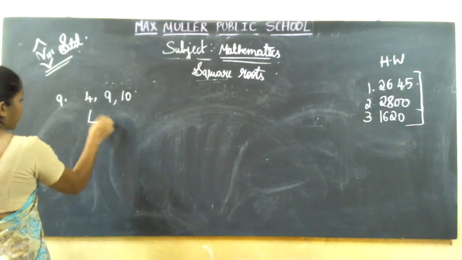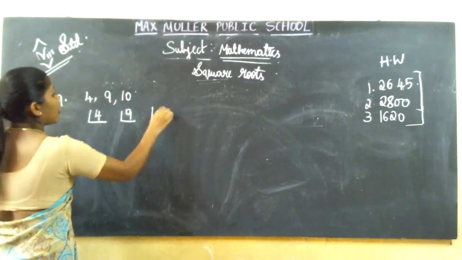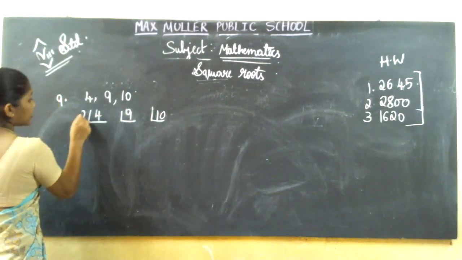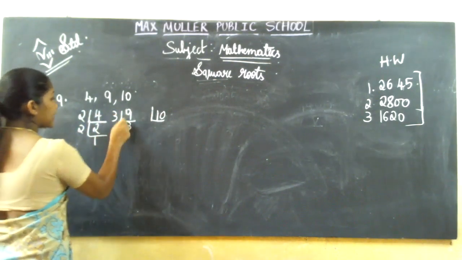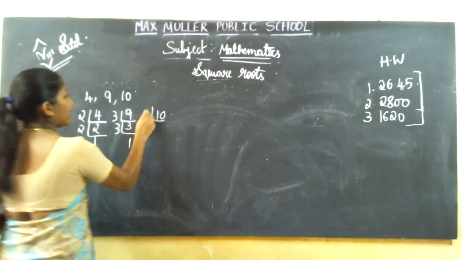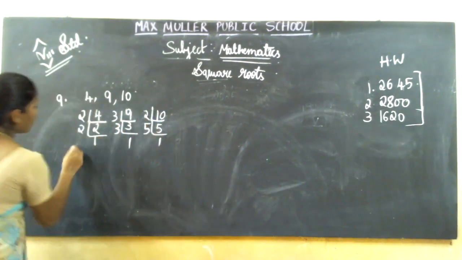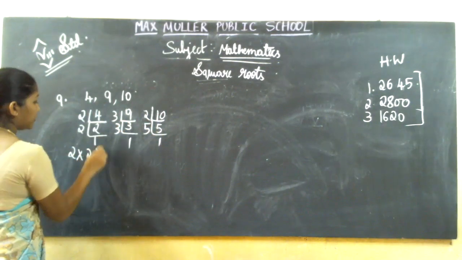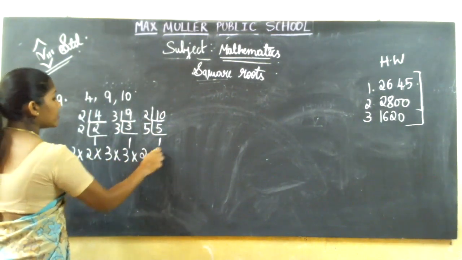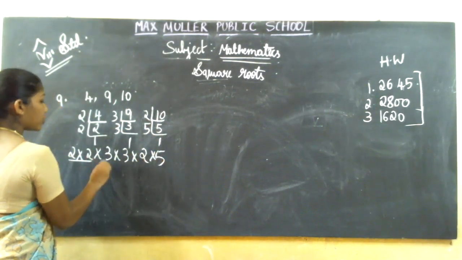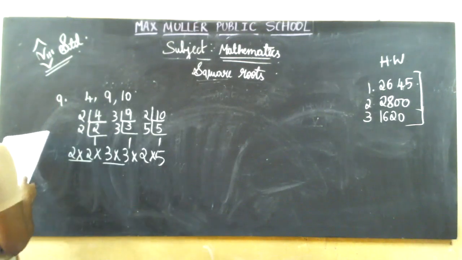So, find out by prime factorization method for all the 3 numbers, that is 2 2s are 4, 2 1s are 2, 3 3s are 9, 3 1s are 3 and 2 5s are 10, 5 1s are 5. So here 2 cross 2 into 3 cross 3 into 2 cross 5. There is a pair for 2, a pair for 3, but there is no pair for 2 and 5.